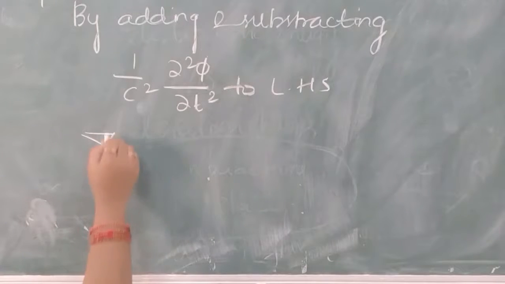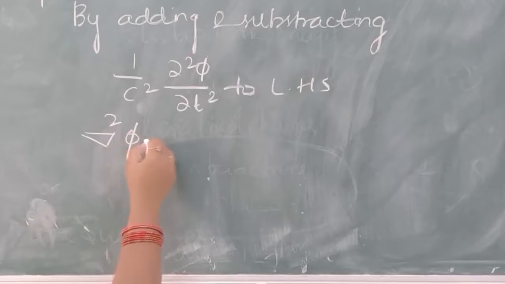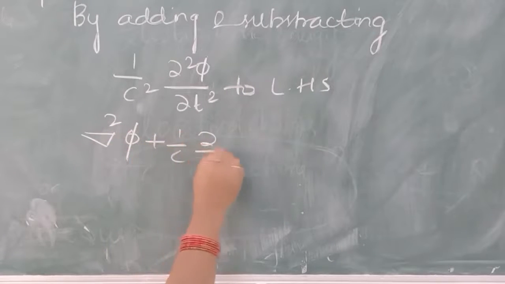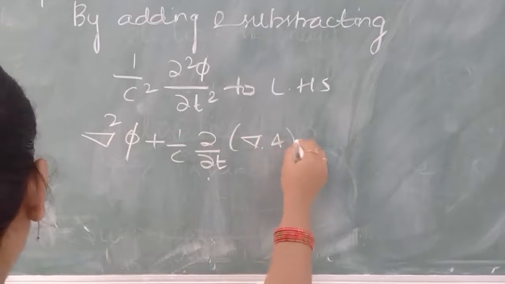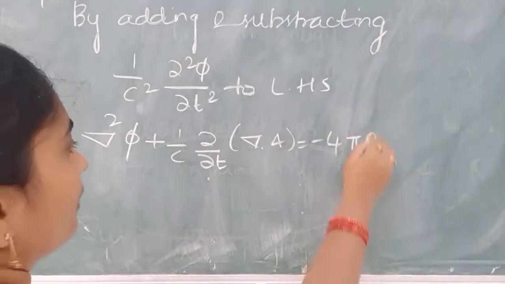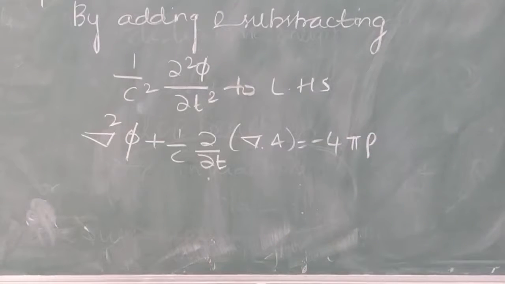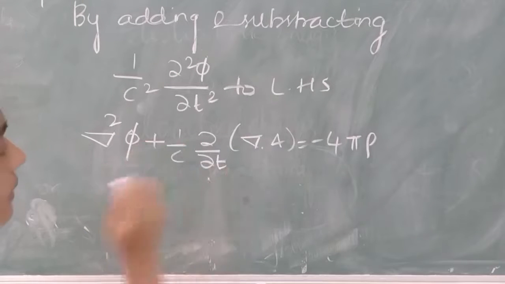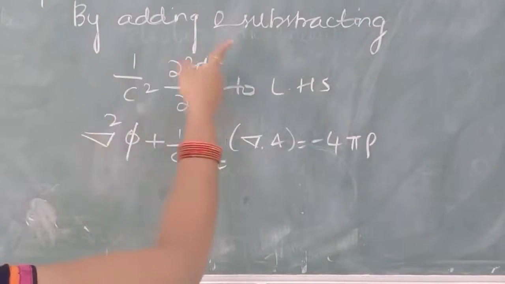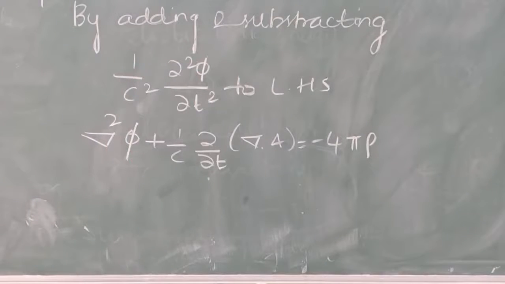What is the previous equation? This is the previous equation, you can see in your notes: del square phi plus 1 by c dou by dou t del dot A is equal to minus 4 pi rho. This was the previous equation. Now for this, I will add and subtract this term.